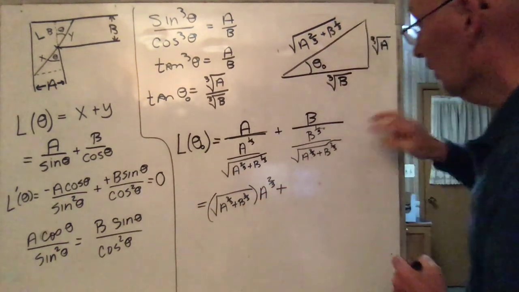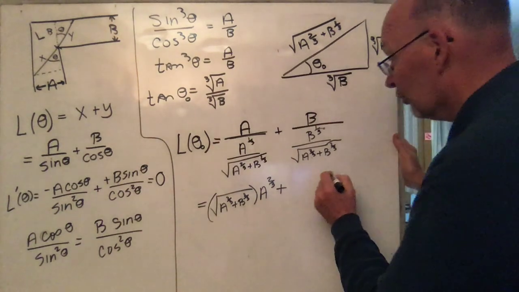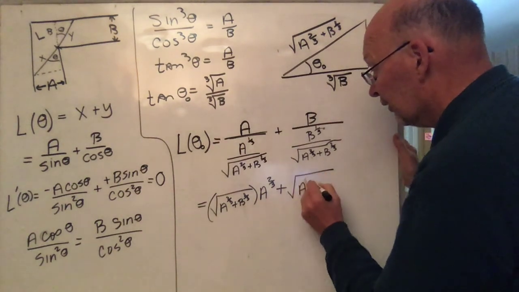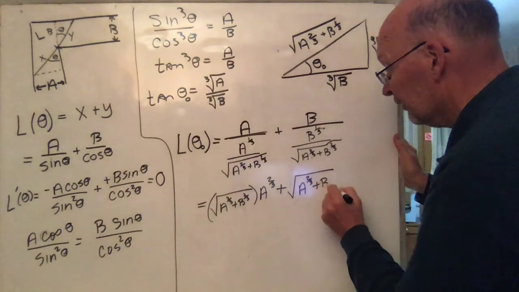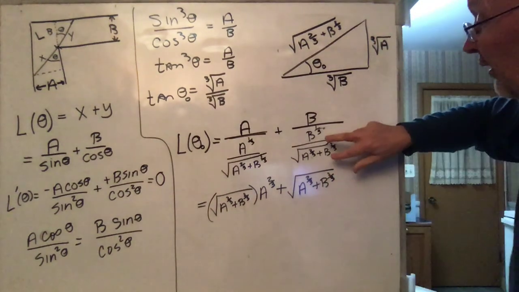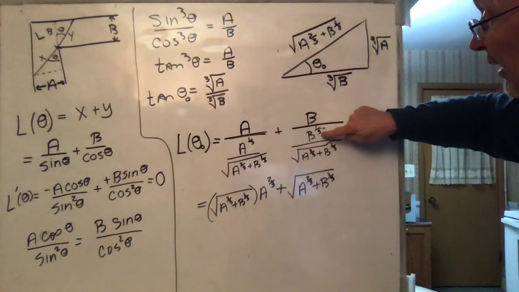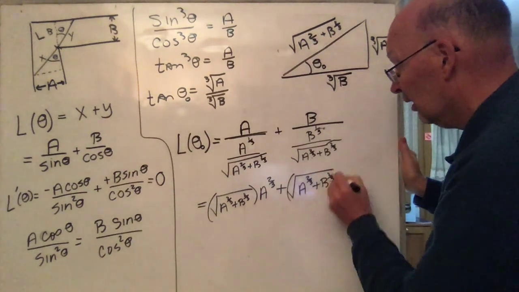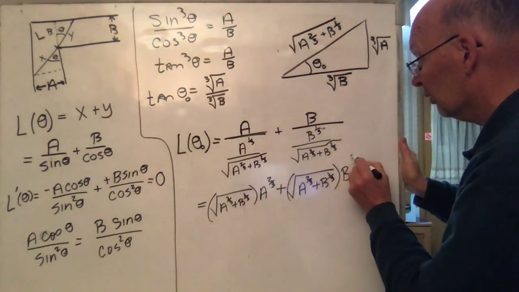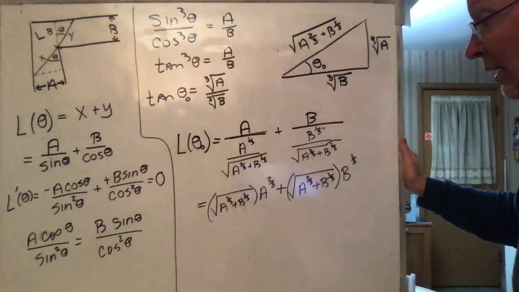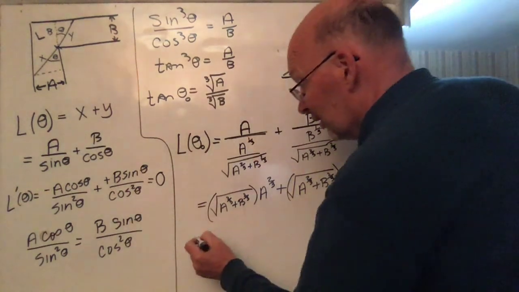And similarly here, flip this one up. I'm going to get this square root, a to the 2/3 plus b to the 2/3. Then that gets flipped up, and I still have b divided by b to the 1/3, which again is b to the 2/3 power.